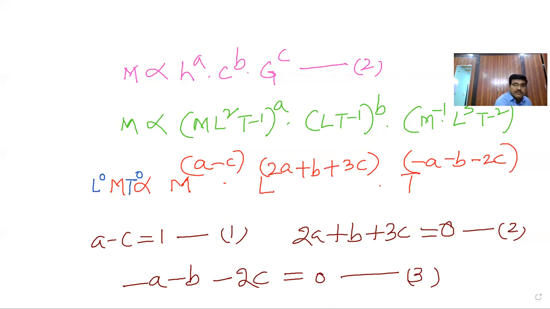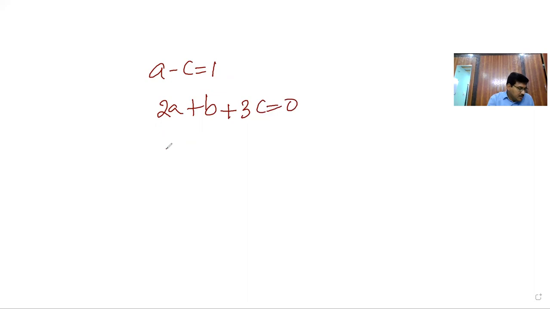Third equation is minus A minus B minus 2C is equal to 0. Now, let us solve these together.